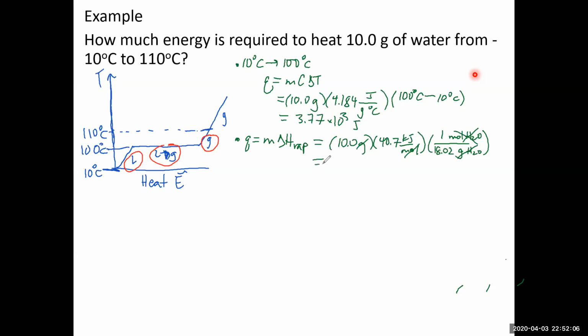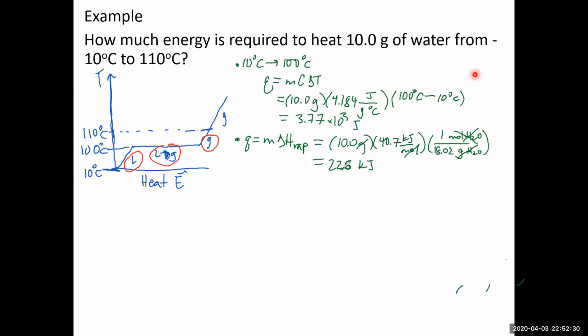And we are left with 22.5 or 0.6 kilojoules.